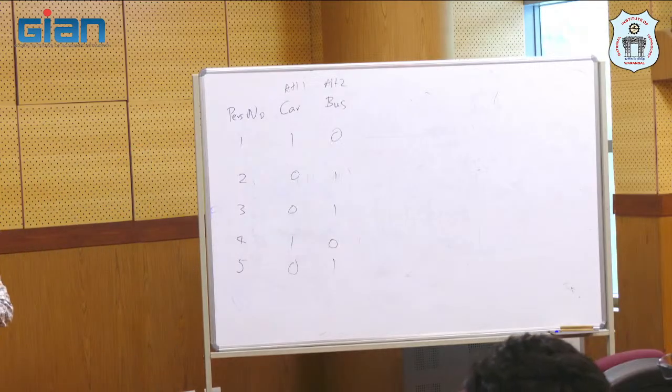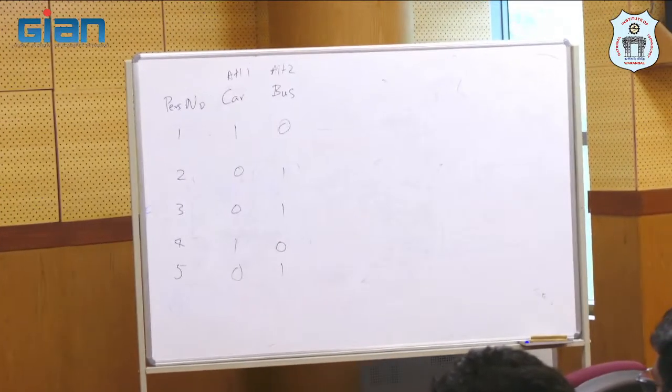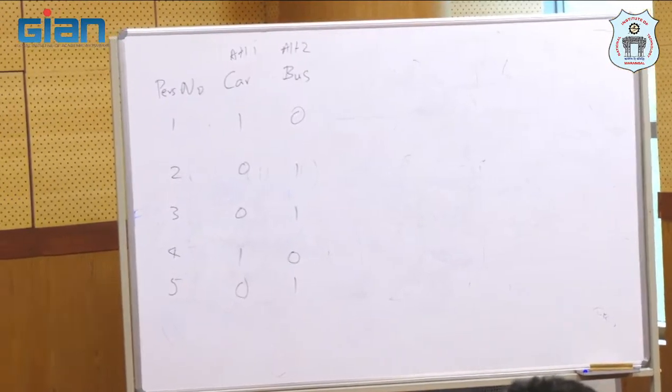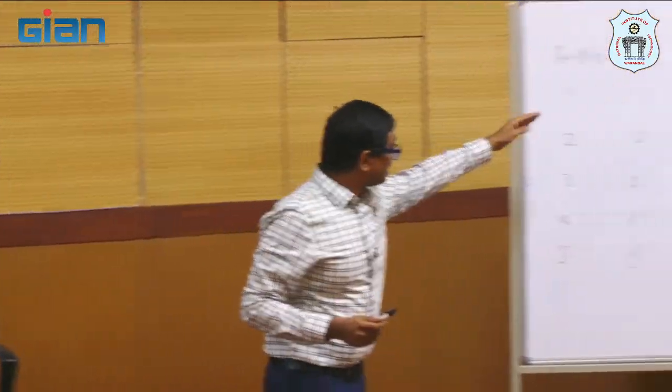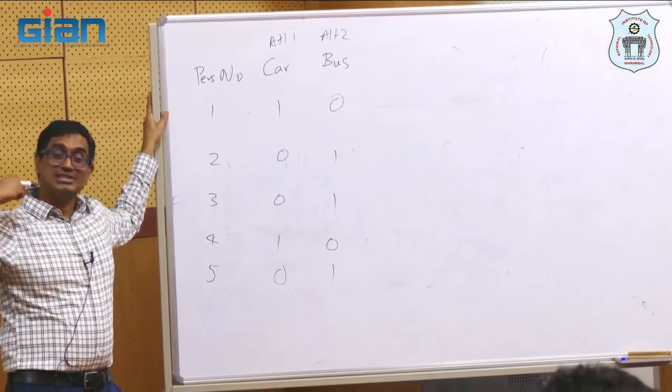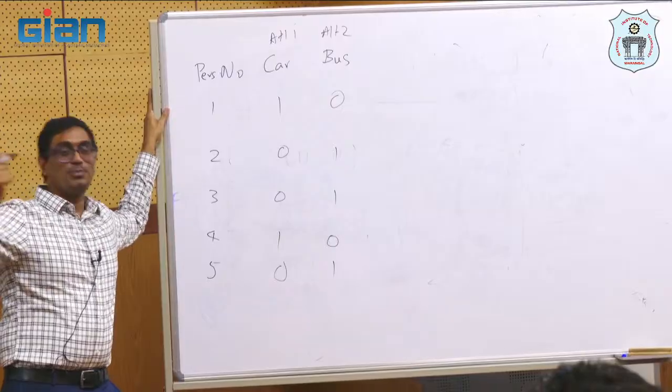But we have something observed. What do we have observed? The chosen alternative is observed. So if you have a perfect model, okay, what should be the predicted probability for car for the first person? 1. So we'll use that to derive our betas.